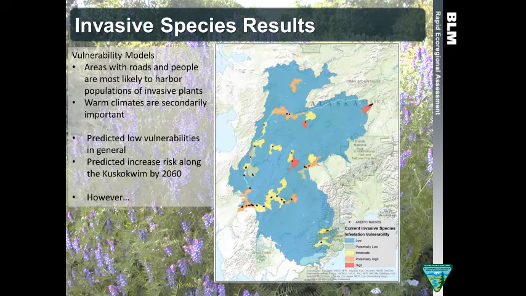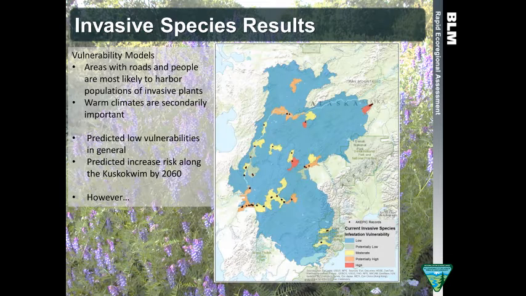We've also mapped where known infestations of non-native plants occur as the black dots. I think our models match the empirical data fairly well. There's one portion in the northern part shown as a fairly high probability of having weeds. That's around Huslia, and more recent survey data has shown that there are non-native species there as well.